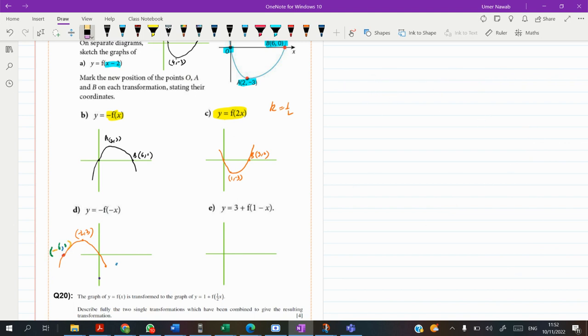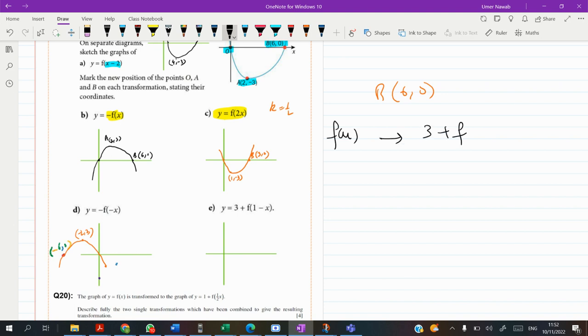The last one is he gave you translation. What was the point I have? B is equal to 6, 0. Translation is, we need to understand 1 minus x first. We have f of x, and I want to do translation first.